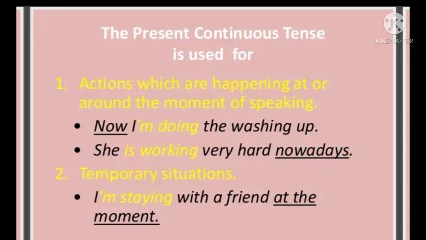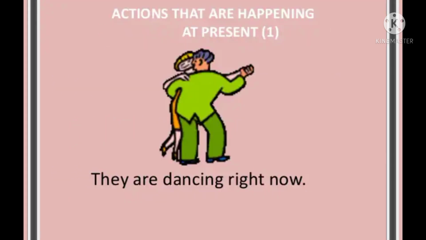That means these days it is happening. Also to mention temporary actions, I'm staying with a friend at the moment. Tomorrow there will be change maybe. So for temporary situations we use present continuous. Also we use it for actions that happen at the moment of speaking.